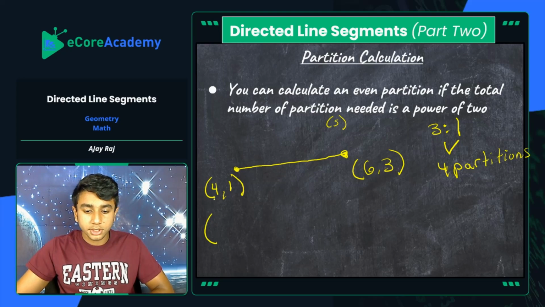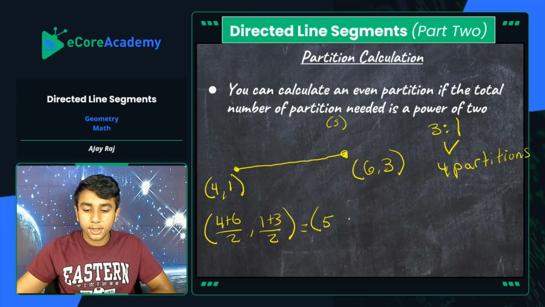This is going to be x1, x2, and y1, y2. Let's work from left to right. We add 4 and 6, divided by 2, and then add 1 and 3, divided by 2. 10 divided by 2 is 5, and 4 divided by 2 is 2. So that's 5, 2, and we're assuming that 5, 2 is right here.